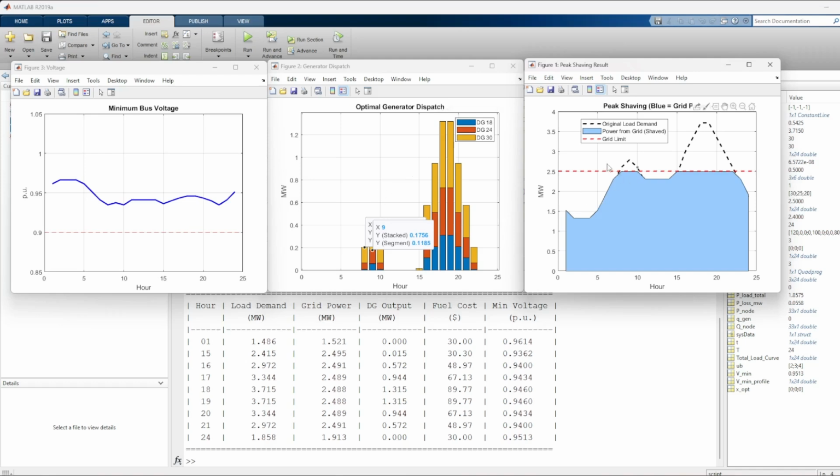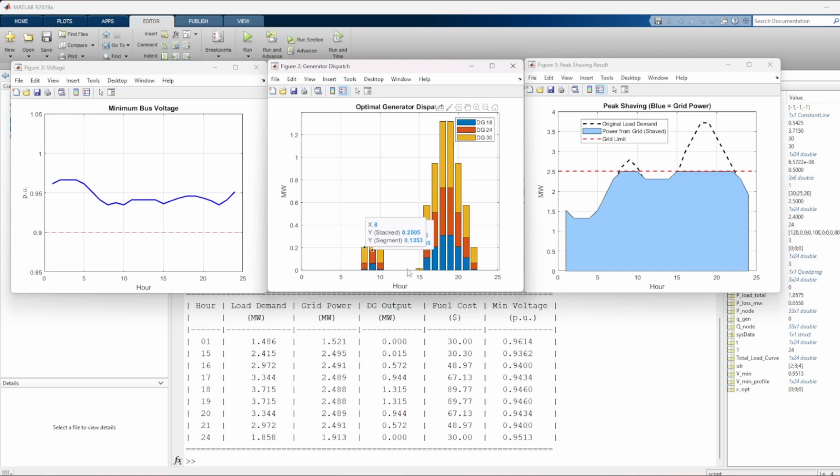First, here we have our load demand, and here the different charts. If I explain this, at the 18th hour all 3 diesel generators, 18, 24 and 30, are going to supply power. And right over here you can see at the 8th hour our 2 generators: the first one, DG30, is supplying power, and the red one, DG24, is also supplying power.